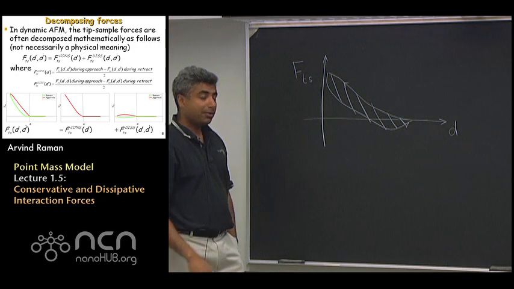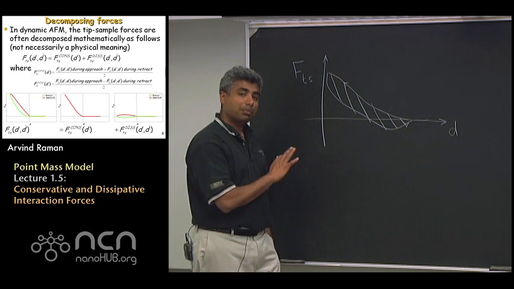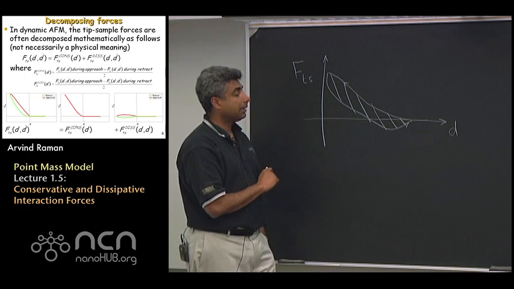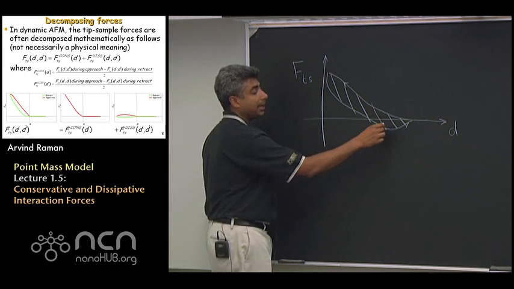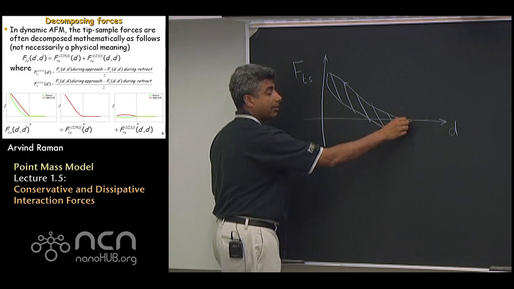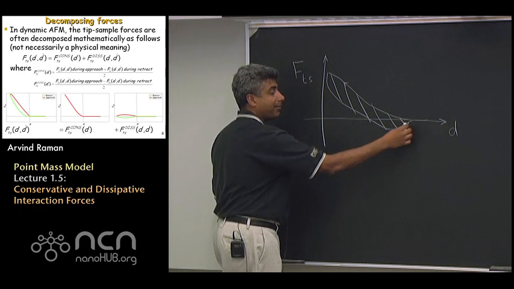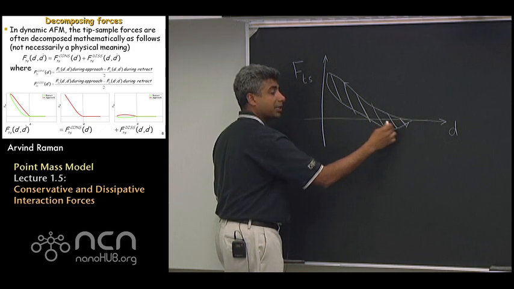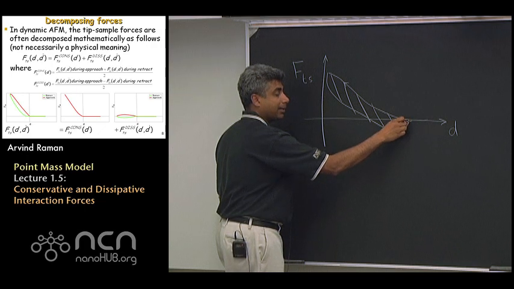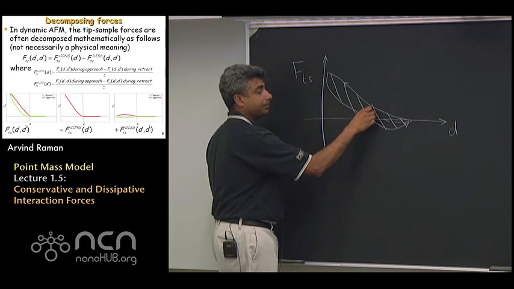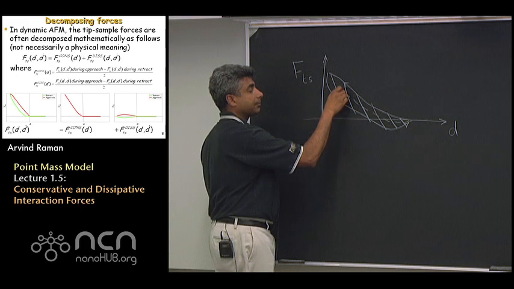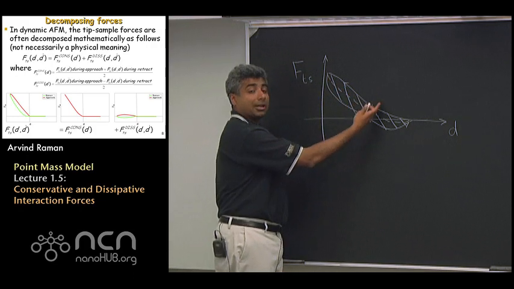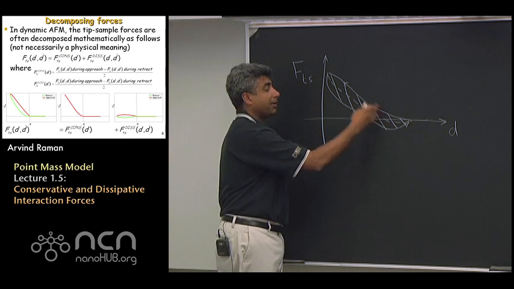Now, what we often do in dynamic atomic force microscopy is split this tip-sample interaction force into two components additively. The first component would be the conservative part, where at every D value, we take the average value of the force during approach and during retraction, which I show by the dotted line here, plus whatever else I need to add on to recreate this force.